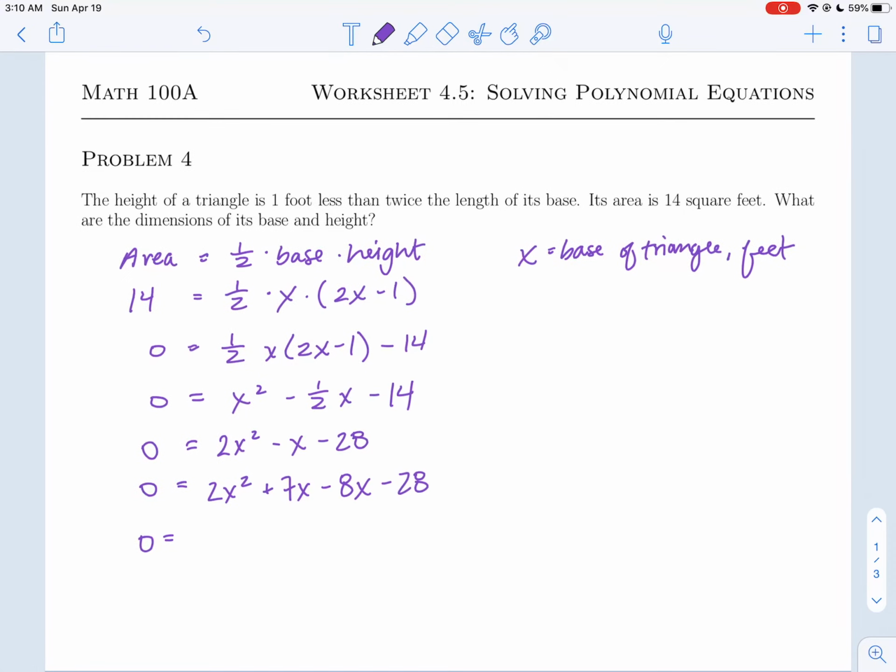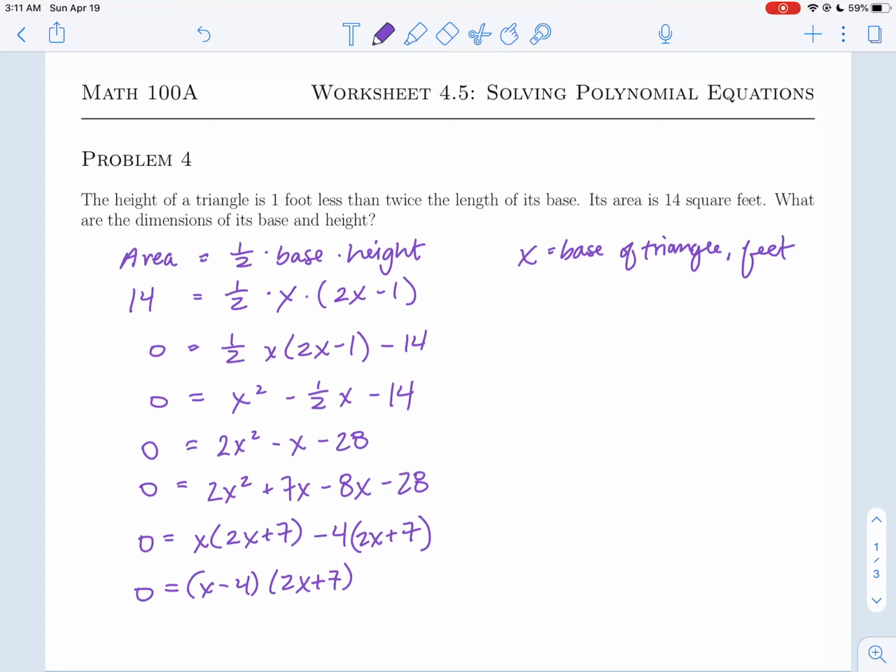From here, we do that factoring by grouping. So for the first two, I can pull out an x. So I'll have an x times 2x plus 7. For the second two, I could pull out a -4, which will leave me an x plus 7, 2x plus 7, sorry. And then I can pull that 2x plus 7 out of both of those. So I'll have 0 equals x minus 4 times 2x plus 7.